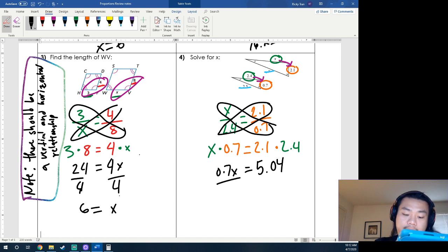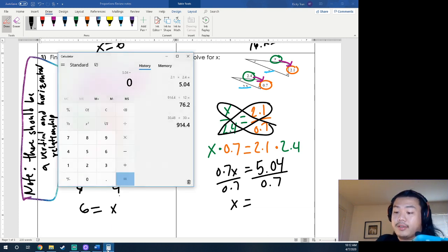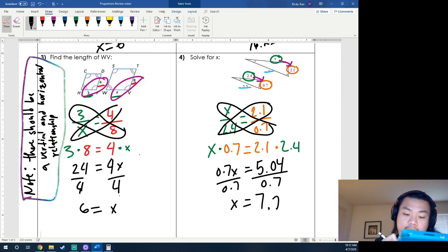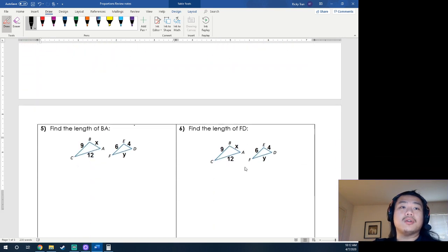From here we divide by 0.7, and your answer is 7.2. Beautiful. Let's keep going.